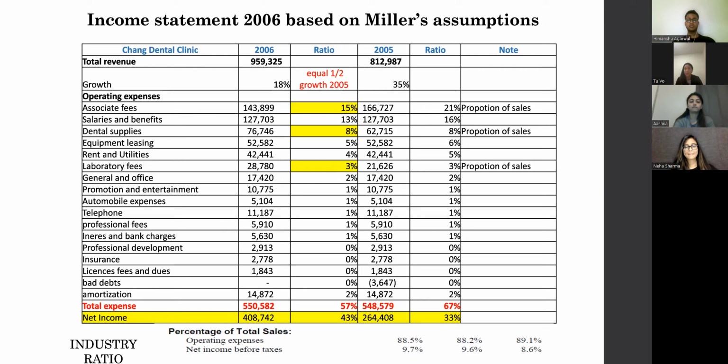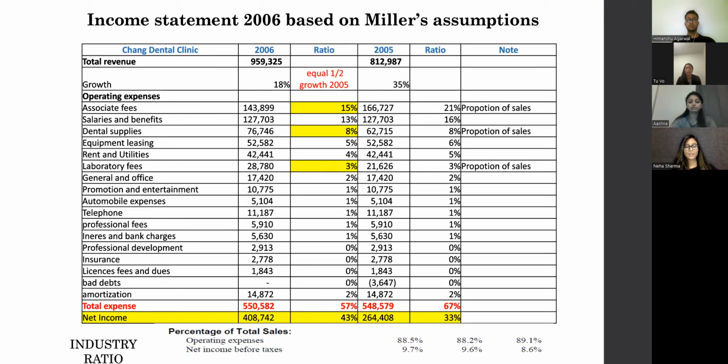And when we see the bottom line, the total expense accounts for 57% of the revenue, and the net income before tax will be 43% of the revenue. And if we look at the industry ratio, the percentage of total sales of the industry ratio is much higher than the number in the income statement.